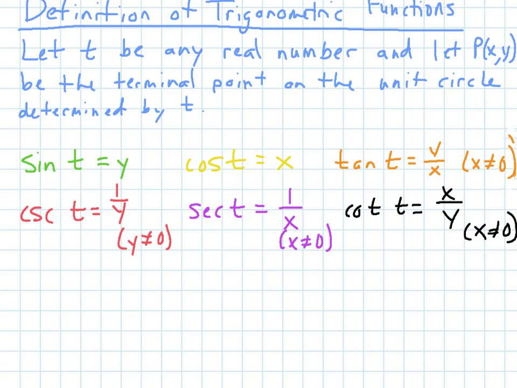Remember, cosecant, secant, and cotangent are the reciprocals of the ones above them. And remember that also means that you can't have undefined functions, so that's why y cannot equal 0 and x cannot equal 0. Let's make that correct. Y can't be 0 there.